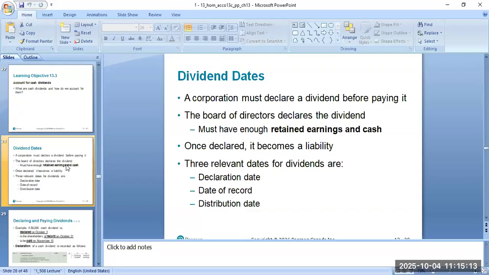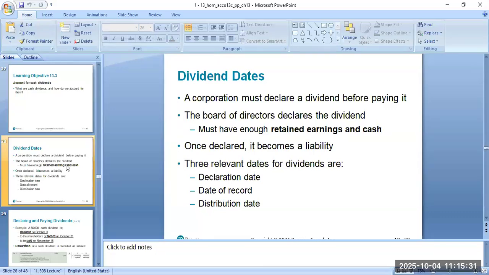Now, once the dividend is declared, that is the point when the dividend becomes a liability for the corporation. There are three important dates on the cash dividend: date of declaration, date of record, and distribution date.